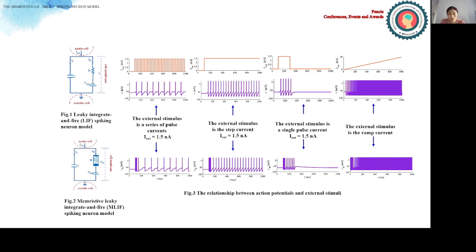When different external stimuli are applied to these two models, they can generate action potentials, but there is a difference between them. The MLIF spike neural model performs high firing frequency and good biological frequency adaptability.